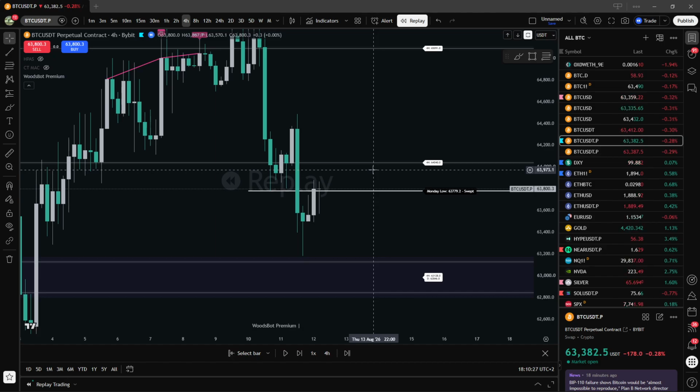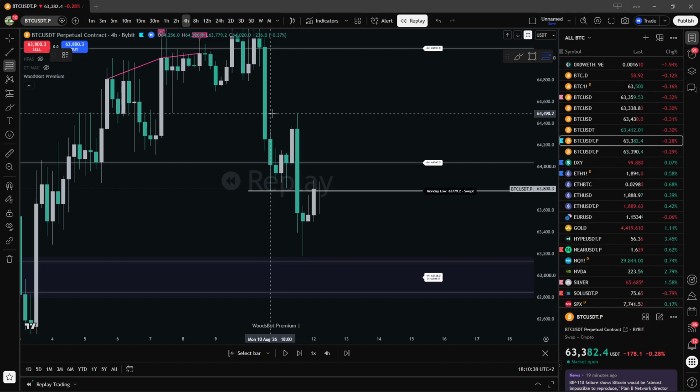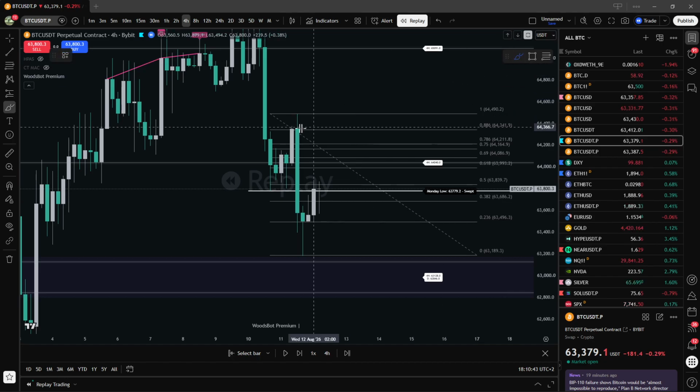Anyways, so this is what I saw on Bitcoin. Again, I wasn't in the long position, so I looked for any short positions. I basically just drew the Fibonacci retracement tool. I put my Fibonacci tool from this swing high towards this swing low for our shorts.